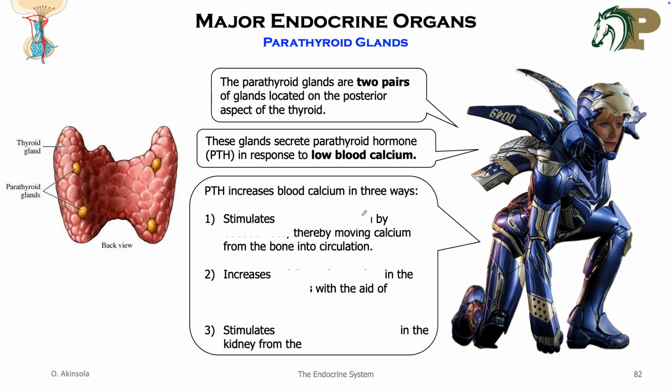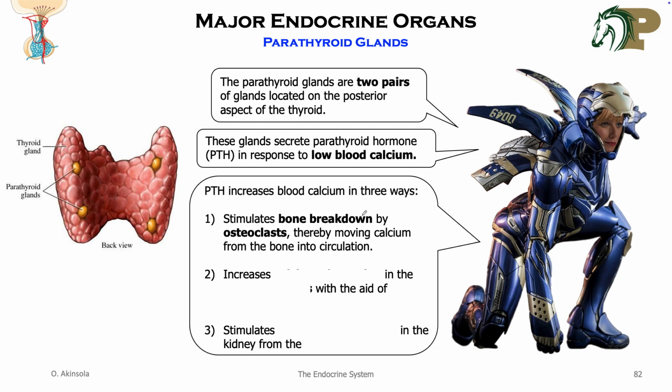But PTH will increase blood calcium in 3 ways. Okay, so you have low blood calcium, PTH is released, you get increased calcium levels. So number 1, PTH is going to stimulate bone breakdown by osteoclasts.